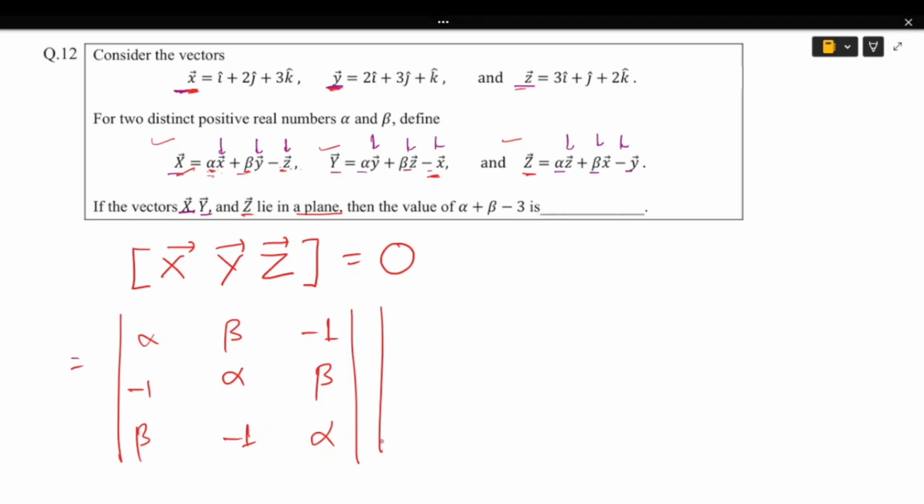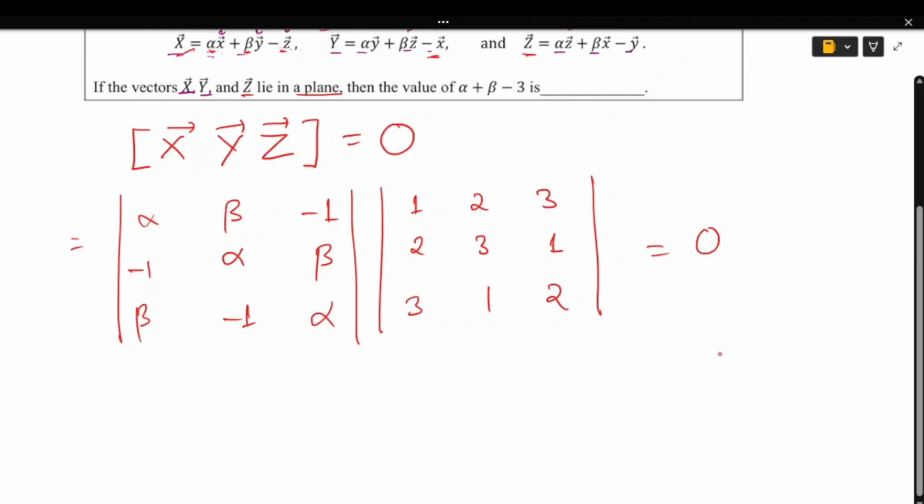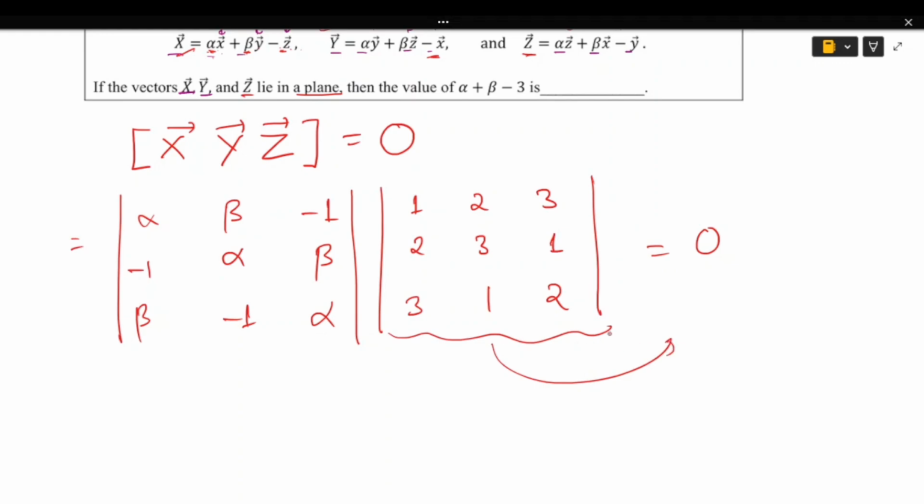Simply it will be the determinant of 1, 2, 3, the coefficients of ijk in x, then 2, 3, 1 in y, then 3, 1, 2 in the z vector, which evaluates to 0. Clearly one can observe this is a scalar, which is non-zero, so we can get this as 0.